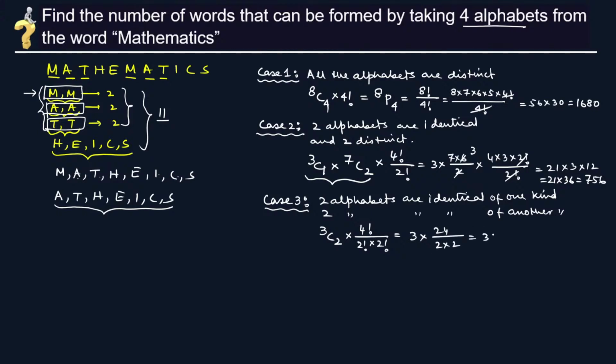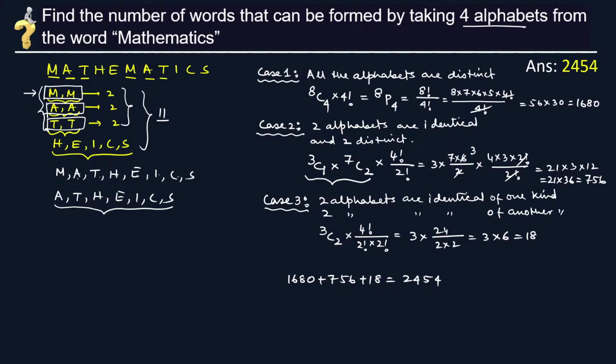So it is 3 into 6, that is 18. Therefore, the total number of such words, 4 alphabet words, which can be formed from the word mathematics is 1680 plus 756 plus 18. That gives us 2454. And that's the answer.